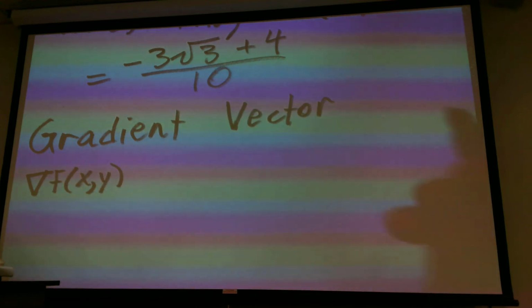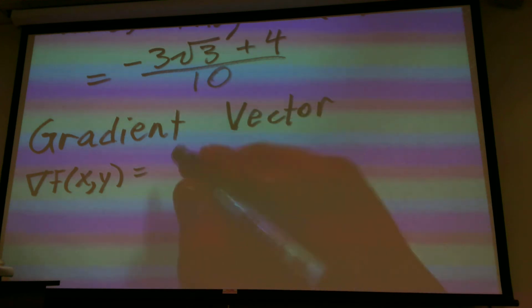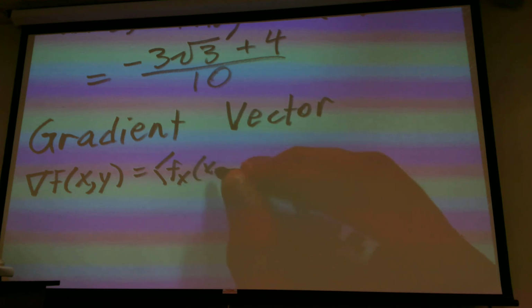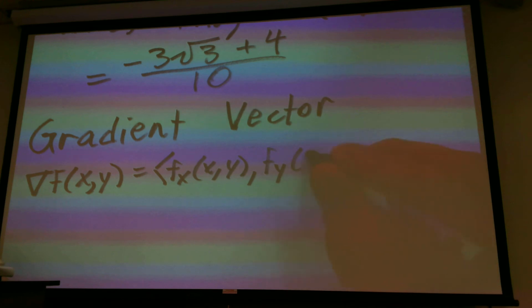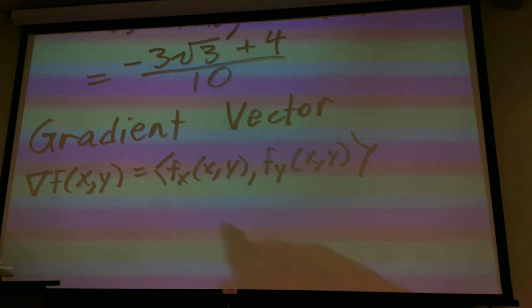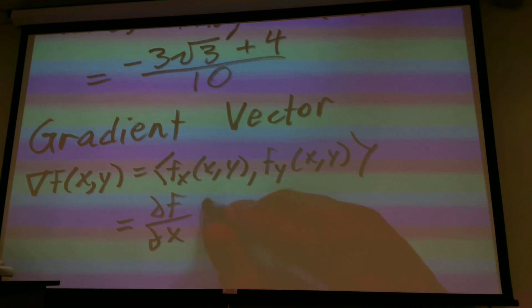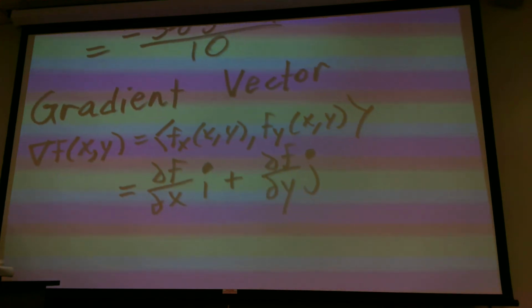The gradient vector is going to equal the partial derivative with respect to x, f sub y of x, y, like that, okay? Another way to write this is the partial derivative of f with respect to x times i plus the partial derivative of f with respect to y times j.